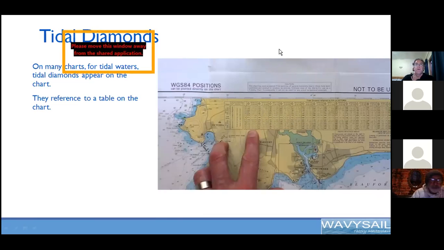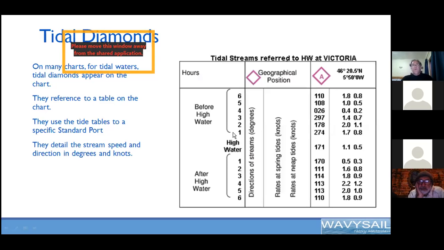What that table gives you, from a specific standard port, is the degrees, angle, and speed of flow of the tide at that geographical position. There's your tidal diamond A, which will be on the chart at that geographical position.